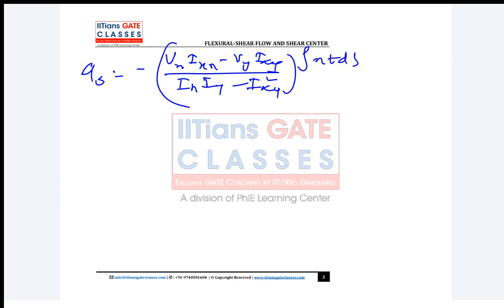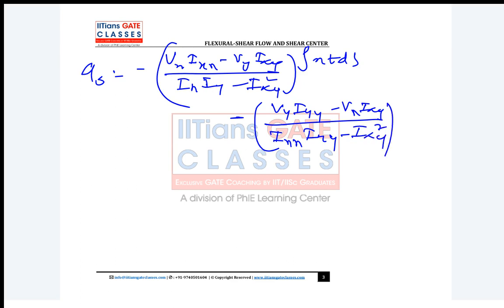Let me write like this. Then second, Vy Iyy minus Vx Ixy upon Ixx Iyy minus Ixy square, integration y t ds. Because sometimes your t can also be varying.